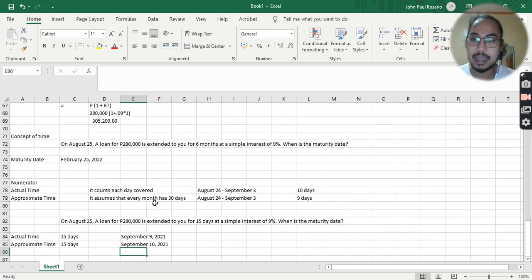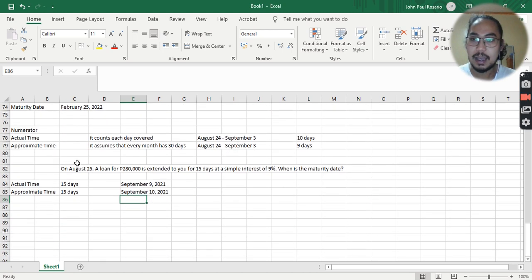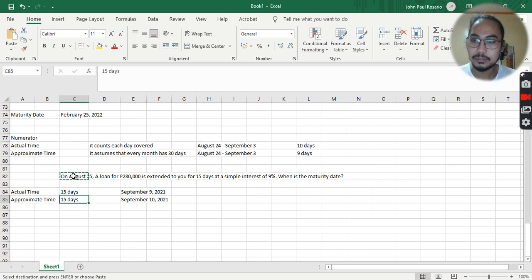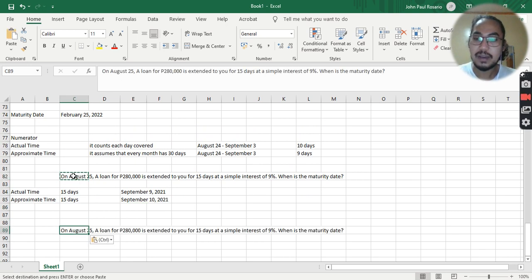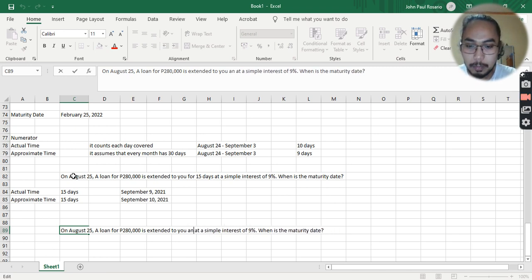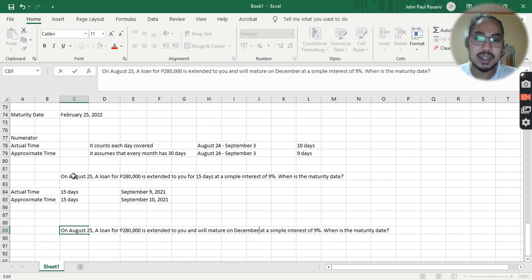So assume that on August 25, a loan for 200 is extended to you and will mature on December 25, 2021.